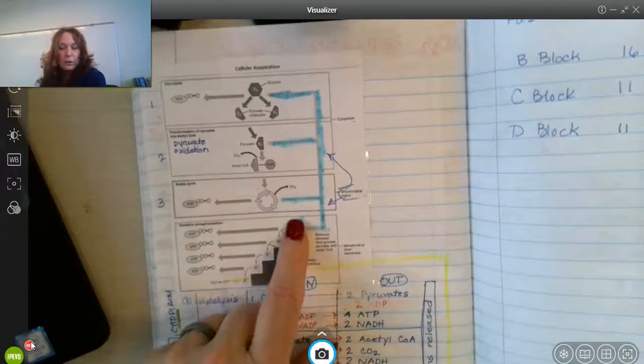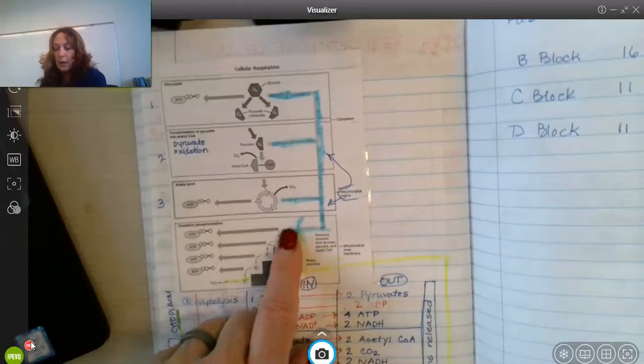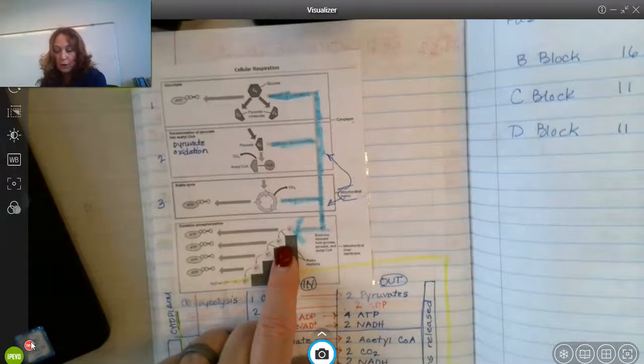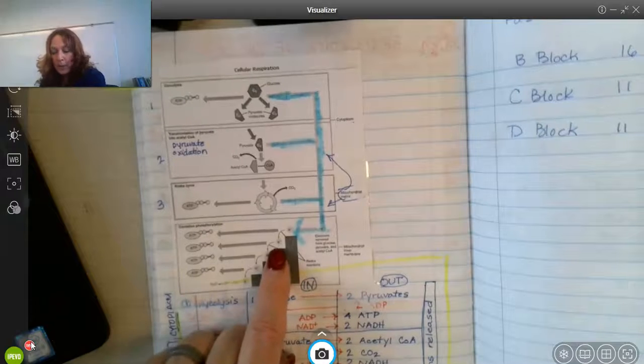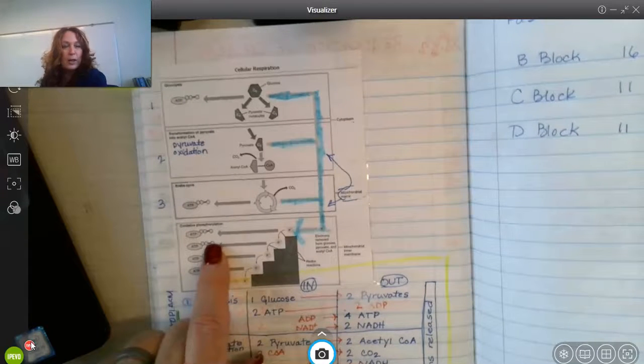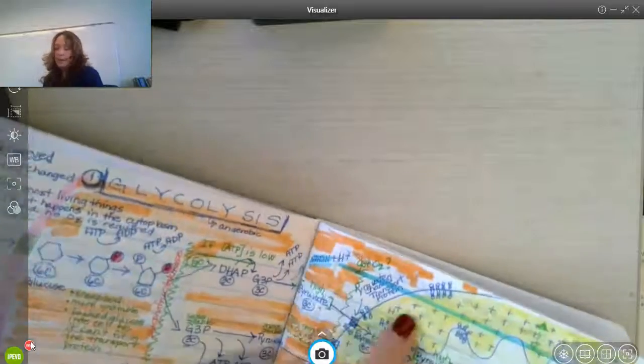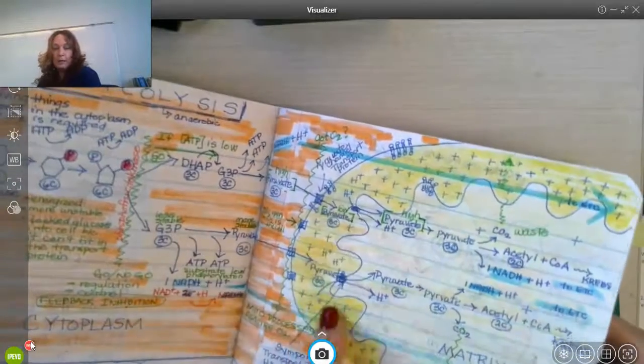And that's what we do. Every time that we squeeze the electron, when it goes to a different electron carrier, you drop the electron's energy, and that energy is used to pump hydrogen ions across the inner membrane and create this hydrogen ion gradient.